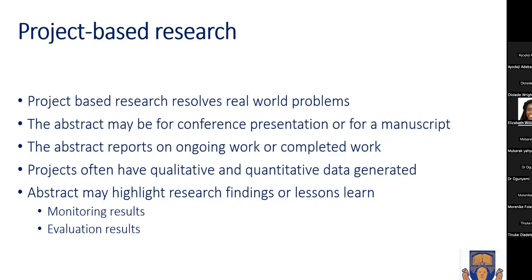This is usually what happens. It might be generated through monitoring results, the results of their monitoring of their project, and usually that is qualitative, or it might be an evaluation, which might be midterm or end of term. Many times, evaluation results are mixed results. They generate data using both qualitative and quantitative.